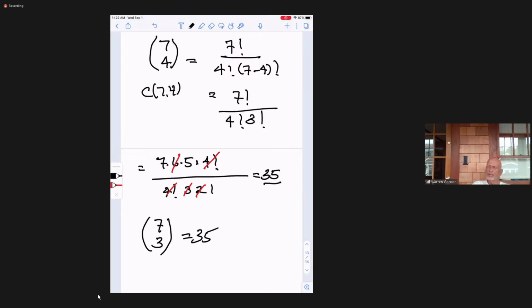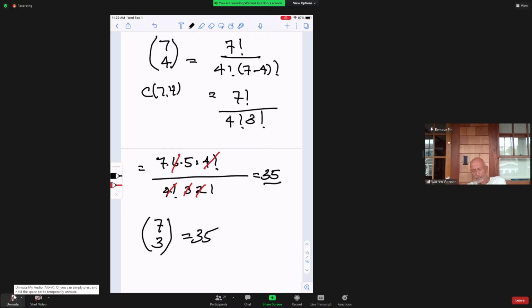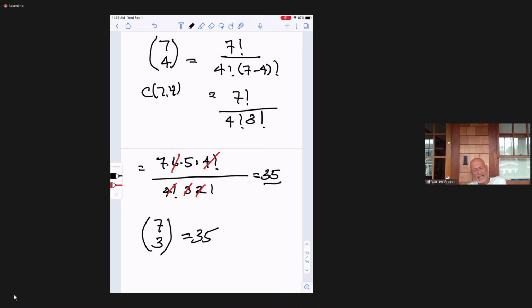But there's a simpler reason for this. In fact, it's going to give us an identity. If I have 7 people, every time I choose a committee of 4, how many people am I leaving out? Right. So that means every time I choose a committee of 4, I'm simultaneously choosing a committee of 3, the number of people I don't choose. So the number of ways I can choose a committee of 4 from the 7 must equal the number of ways I can choose a committee of 3 from the 7.